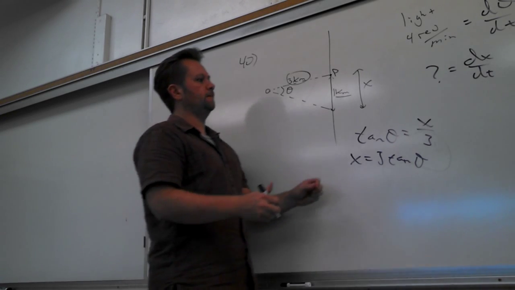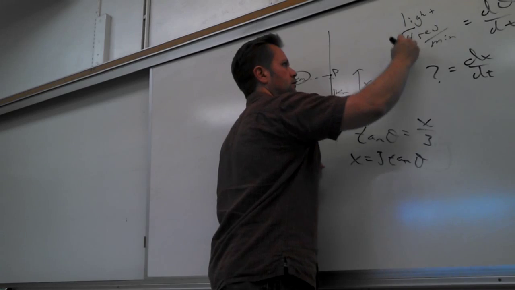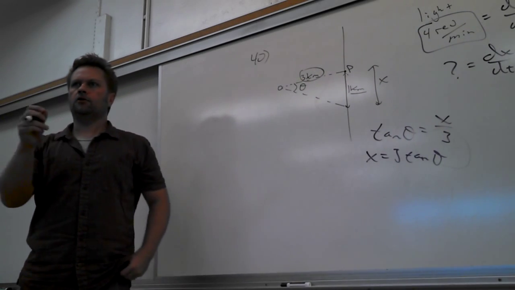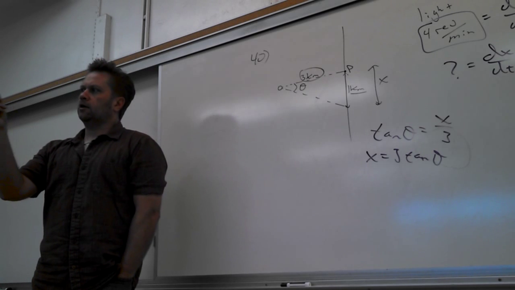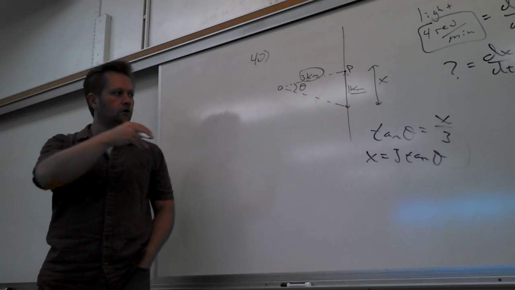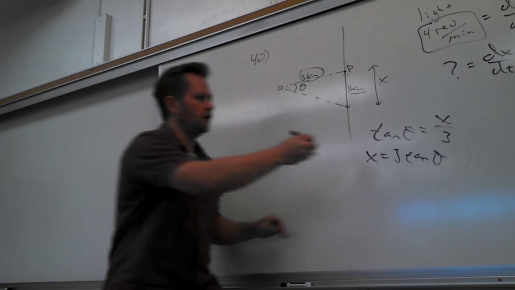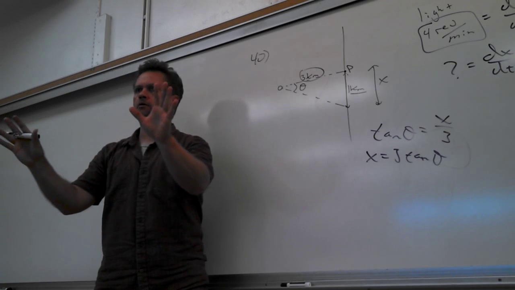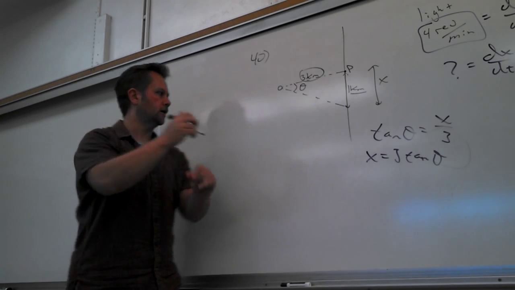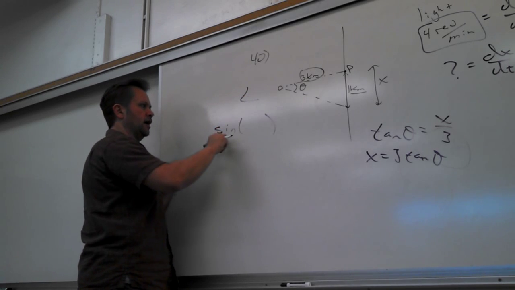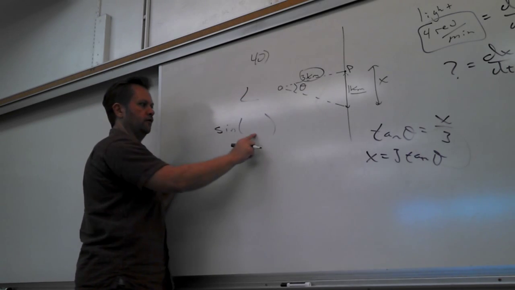So let's work with this for a second. What units do I want on my theta? To be careful, in general, radians. If theta is inside of a trig function, it doesn't matter, because sine just cares what the angle is, however you want to call it.